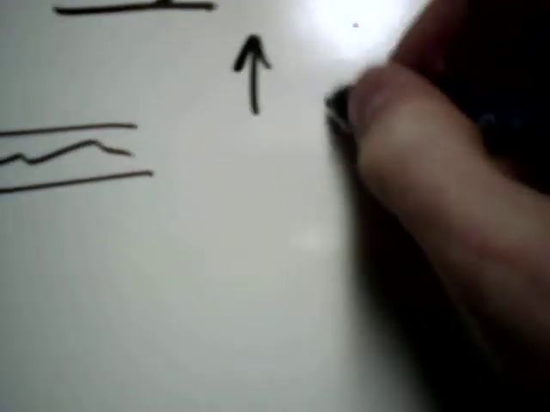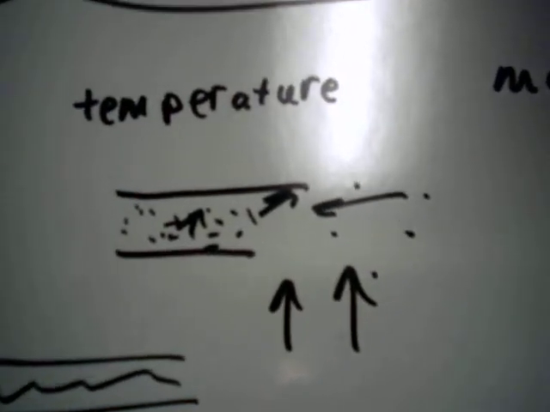So the higher the temperature, the higher the resistance, and the lower the temperature, the lower the resistance. If we douse metal in something like liquid nitrogen, we create something called a superconductor, which has almost zero resistance.